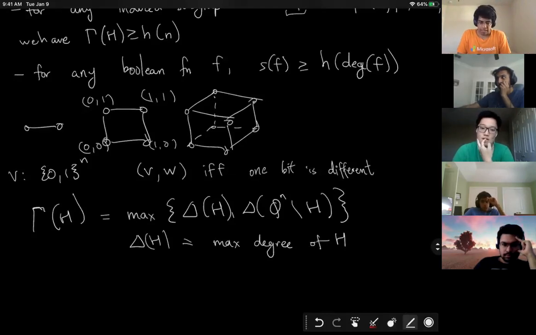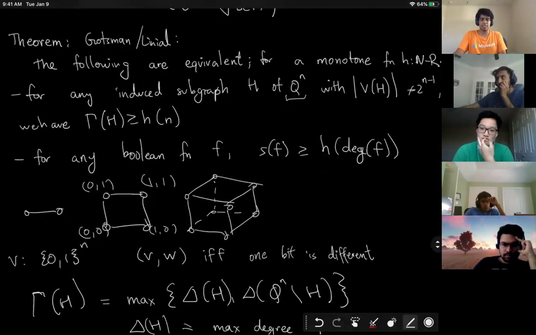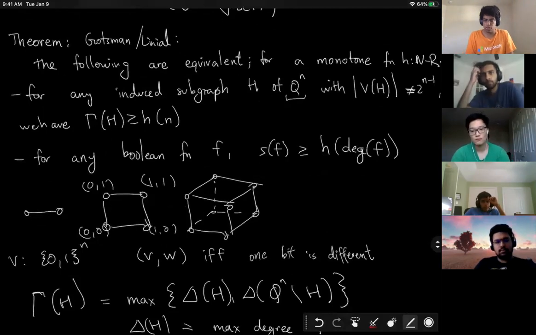So going back to this statement here. For any induced subgraph h, so if you take any subset of the vertices h, where the size of the vertex set is not 2^(n-1), and what does that mean?